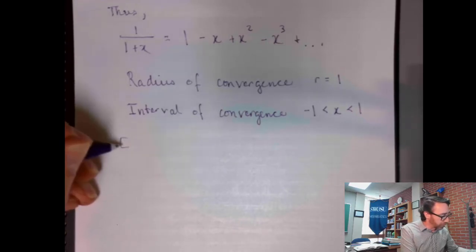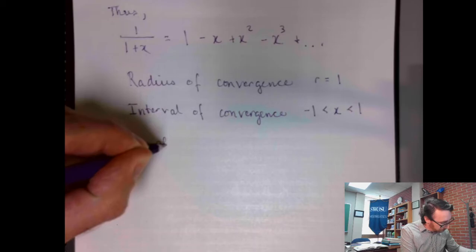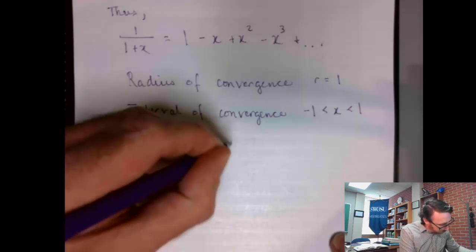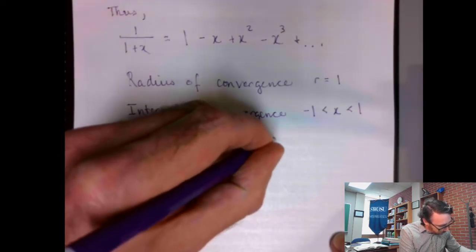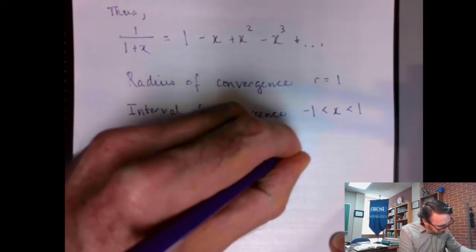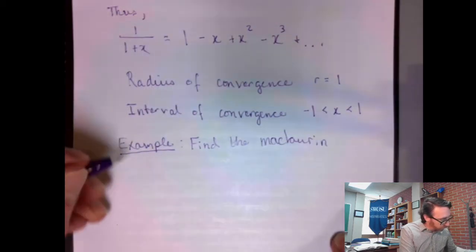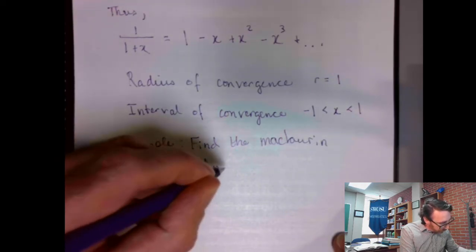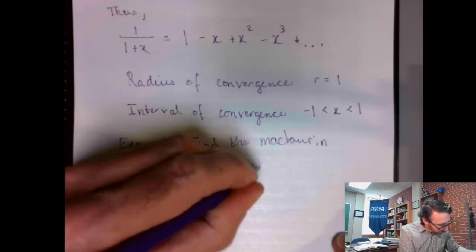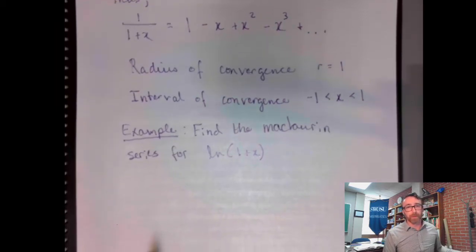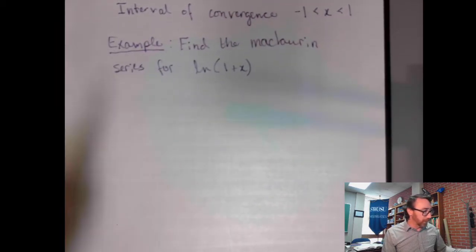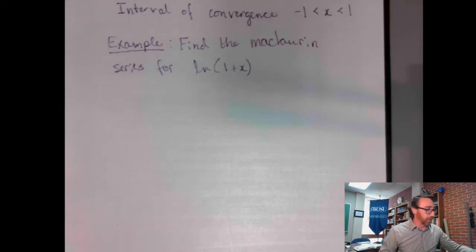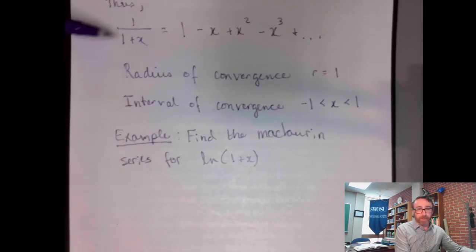We're going to find another series. So let's find the Maclaurin series for ln 1 plus x. Now, you know you're starting to think like a mathematician when you try to build on the work that you've already done. So the work that we've already done is right up here.